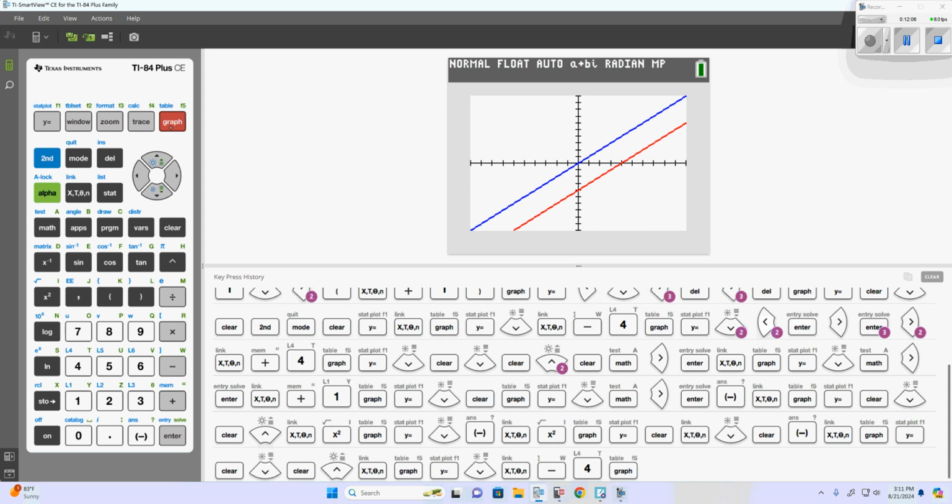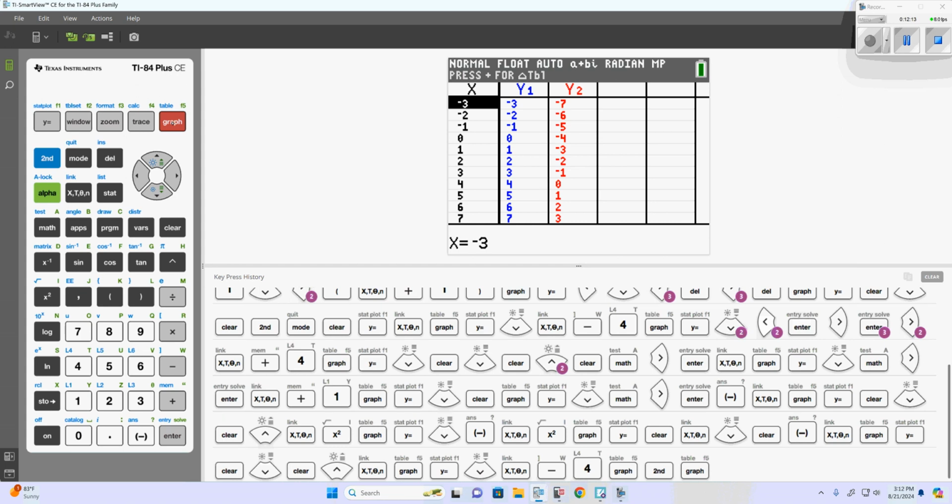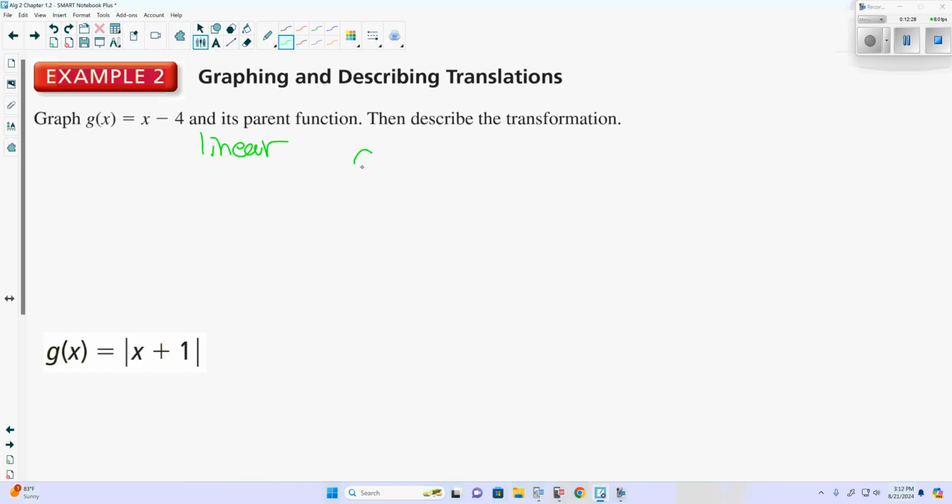It looks like it could have gone over 4, but really it went down 4. And if we look at the table, at 0, it's now at negative 4. It was at 1, it's now negative 3. So it went down 4.